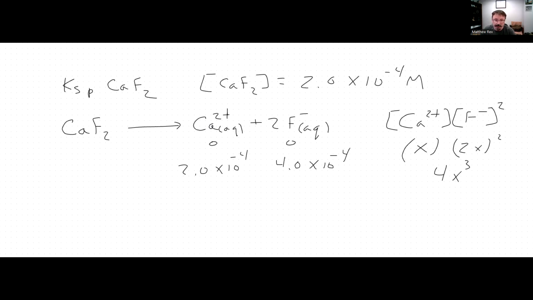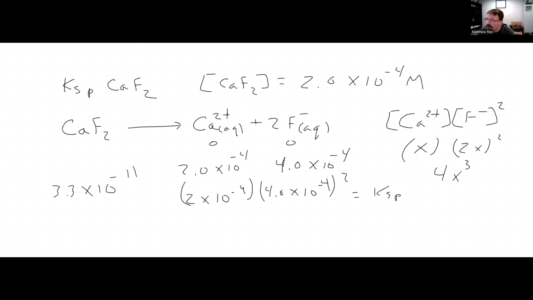So now I can put that in: 2 times 10 to the negative 4 times 4 times 10 to the negative 4 squared. And plugging all that in, I get to my 3.3 times 10 to the negative 11, which will be my Ksp.